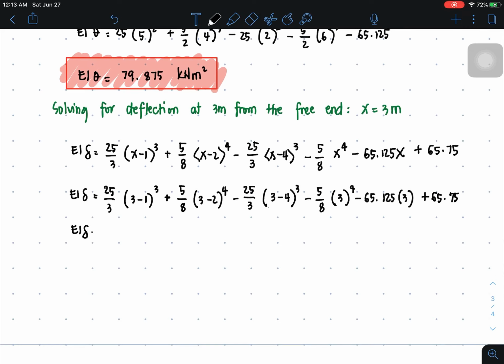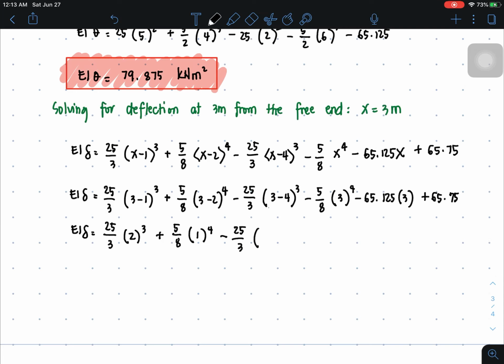And simplifying, you have EI deflection equal to 25 over 3 times 2 cube plus 5 over 8 times 1 to the 4th minus 25 over 3.